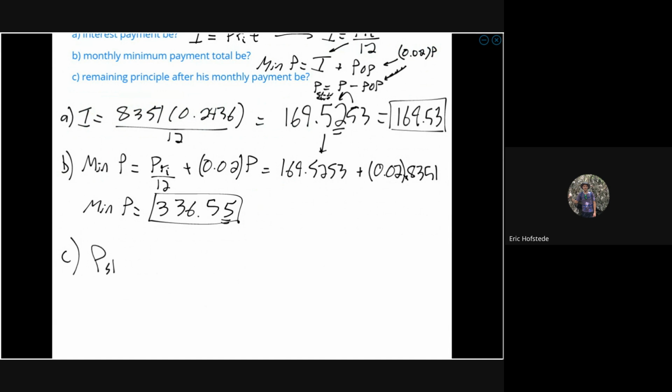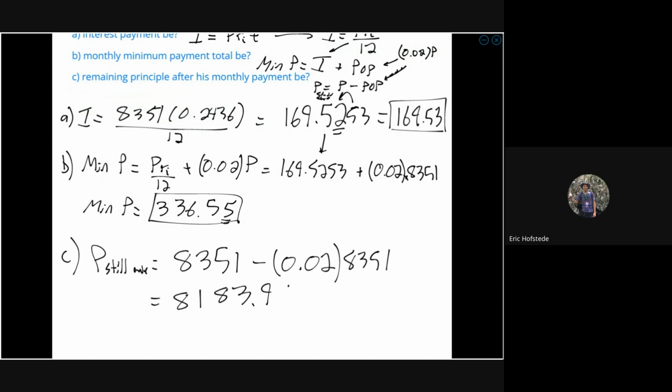The balance or the principal I still owe is equal to my original principal, $8,351, minus 2% of that principal, same principal, $8,351. Throw that all in the calculator: 8351 minus 0.02 times 8351 gives me a remaining principal or a balance still owing of $8,183.98.